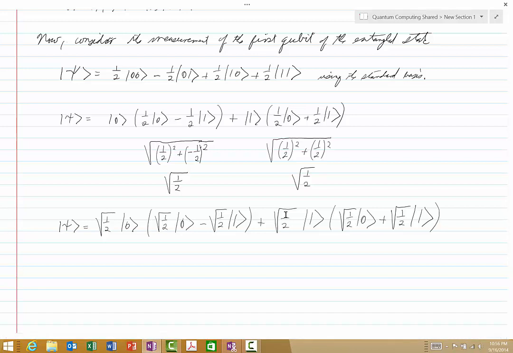It's 1/2 either way. But notice that this parenthetical term following 0 is not the same as the parenthetical term following the 1. So this means this state is entangled.